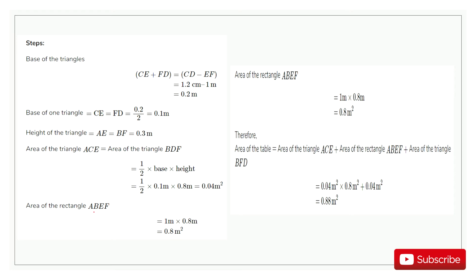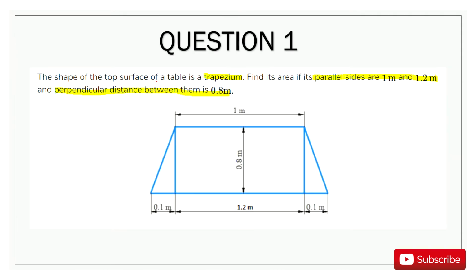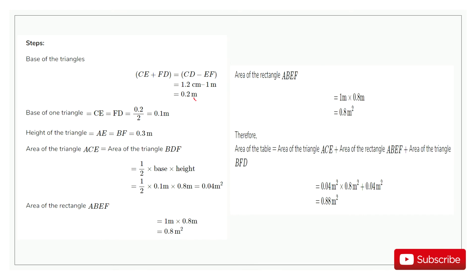First step will be the base of the triangle. Now what are the bases of the triangle? In order to find the base of the triangle, CE plus FD. So this is 1.2, we need to find out, so this will be 1.1, 0.1 and 0.1. So we have got 0.2. So the base of one triangle is 0.1 meter and the height of the triangle is 0.3 meter.